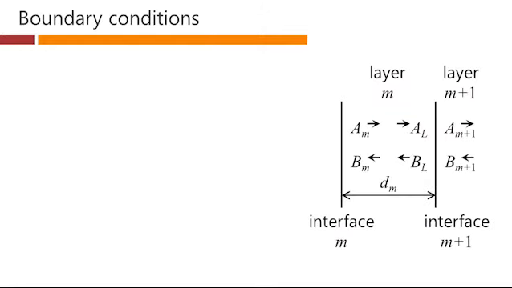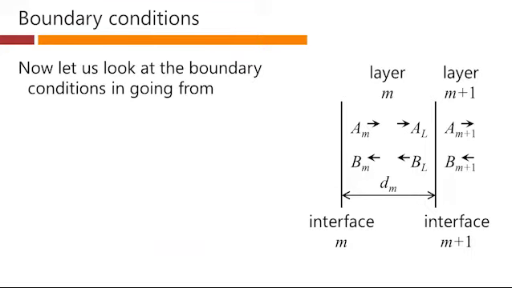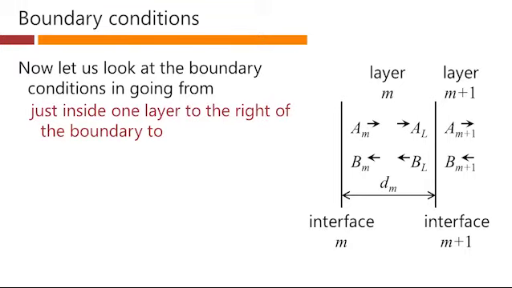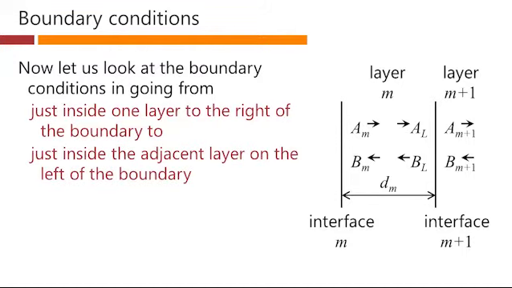Okay, so let's look at the boundary conditions that we're going to work with here. Specifically, we're going to look at the boundary conditions in going from just inside one layer to the right of the boundary, so that would be here, to just inside the adjacent layer to the left of the boundary. So the boundary conditions will be relating the A_L and B_L to the A_{m+1} and the B_{m+1}. These A_L and B_L are the amplitudes just inside layer m, just to the left of this interface.